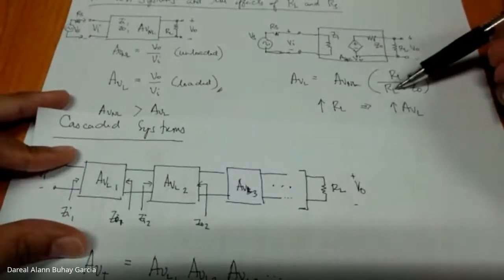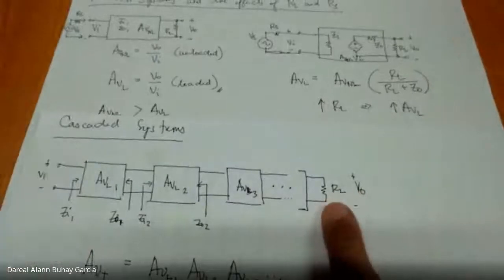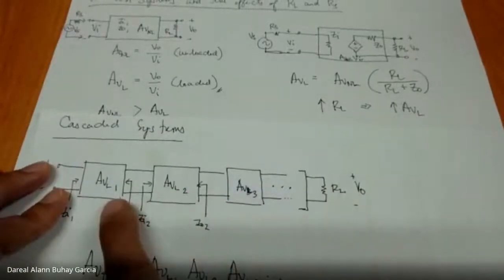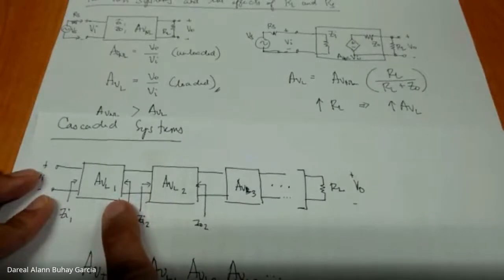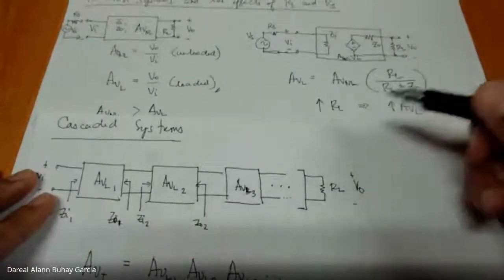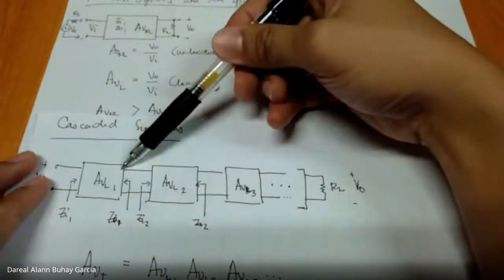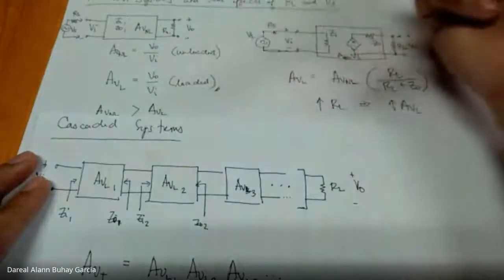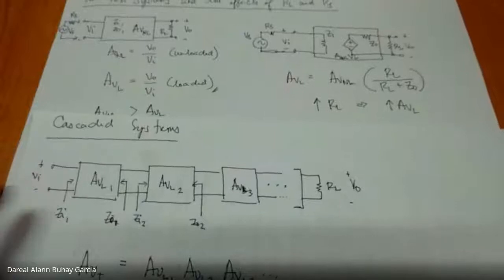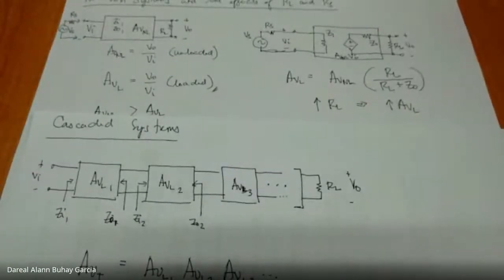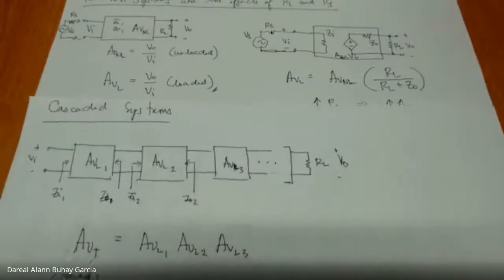So what is RL? RL is connected to the last system, not to System 1. So from the point of view of System 1, what would be the value of RL? Does anyone want to guess or answer?